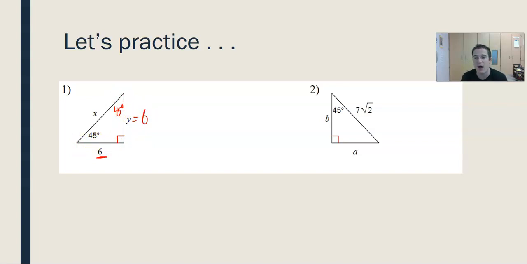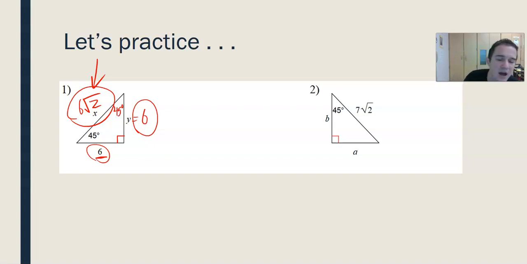And I know that the hypotenuse always will be one of the legs, or 6, multiplied by the square root of 2. So this side is 6, this side is 6, this side is 6 times the square root of 2. And you can leave it like that. You don't need to reduce that to a decimal if you don't want to. You can leave it in radical form.